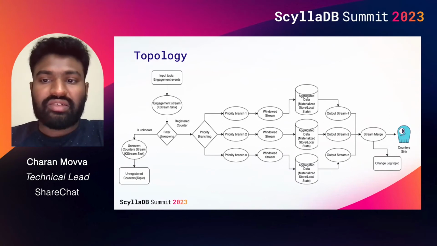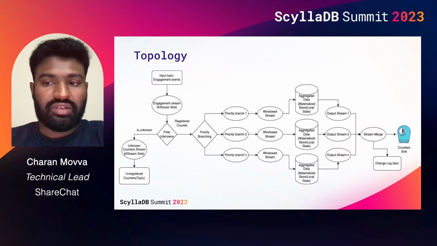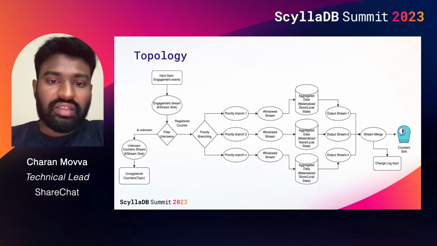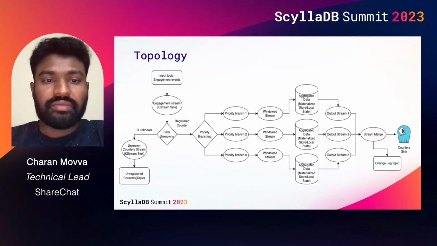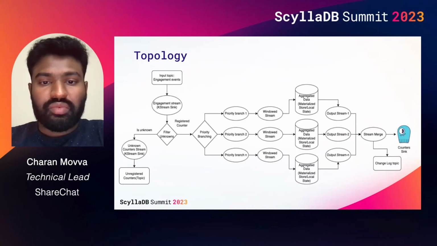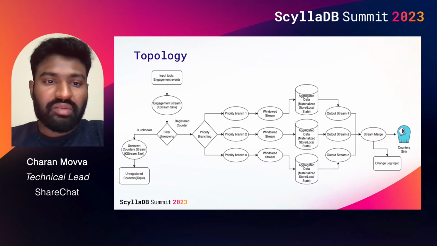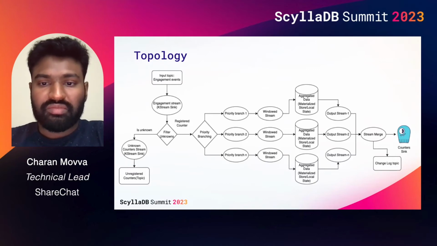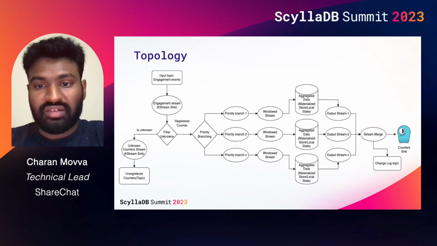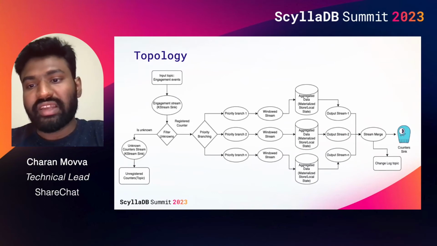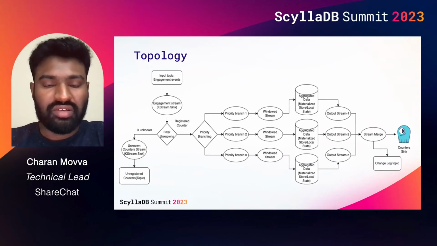And these state changes are also sent to a Kafka topic. So when a node goes down, the local state can be easily recreated. And we get an output stream for the aggregations, right? So basically, we are merging all those streams and then updating the aggregated values in the data store for the counters.